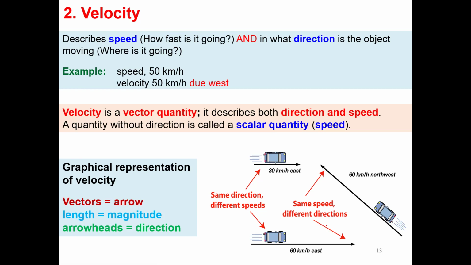Just to review, when we are talking about velocity, we are talking about the speed and the direction, or the magnitude and the direction. But when we are talking just about speed, we are talking about the number. Of course, the number must always be along with the unit, in this case the unit of speed.